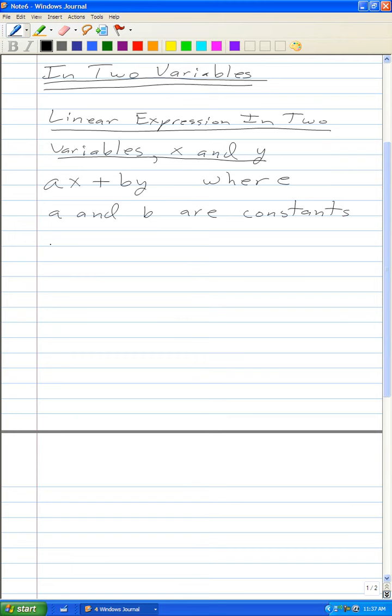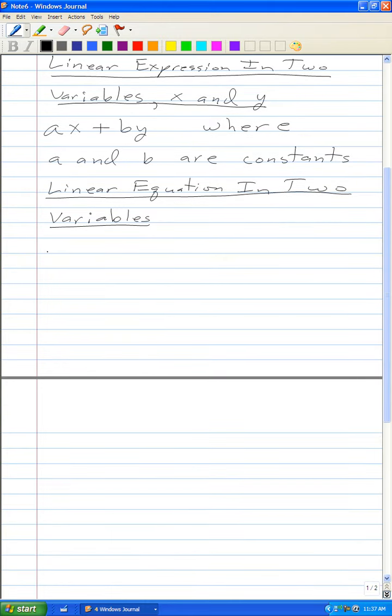So then a linear equation in two variables is just a linear expression in two variables equal to another linear expression in the same two variables.